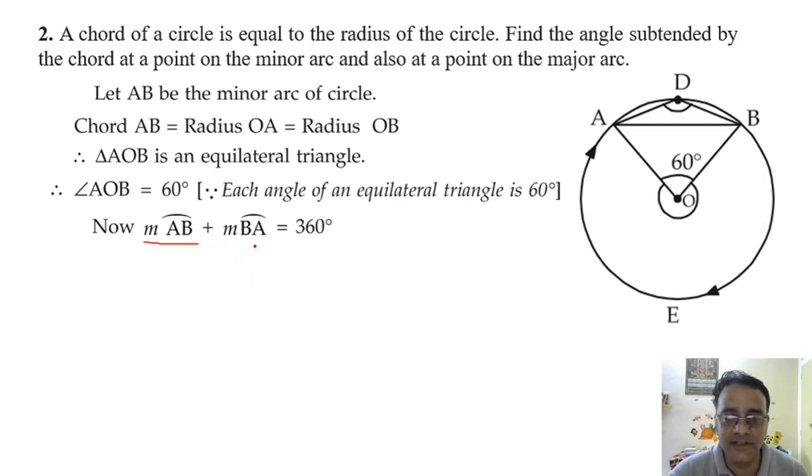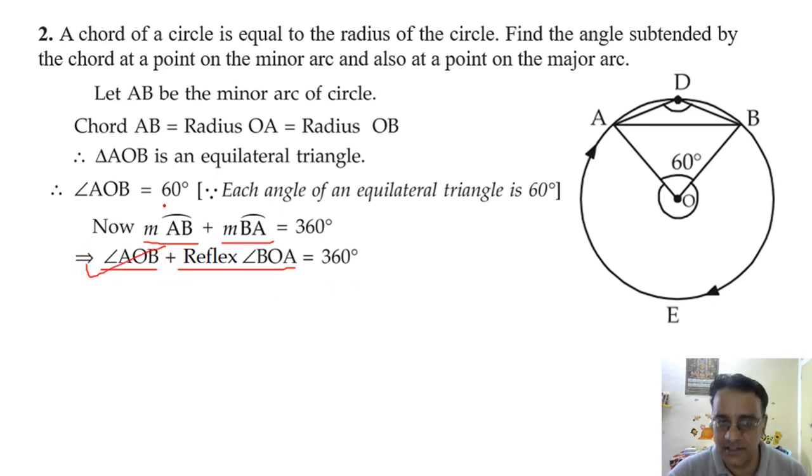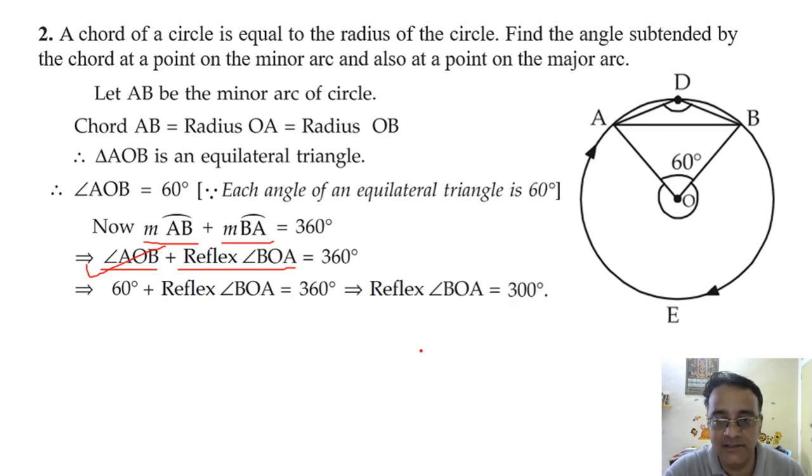So the measure of these two arcs is equals to 360 degree. So angle AOB plus reflex angle BOA is equals to 360 degree. The value of this angle we already got, 60 degree. So 60 degree plus the reflex angle BOA is equals to 360 degree. Now if we shift 60 to the other side, how much reflex angle BOA will we get? 300 degree. Right, 300 degree.